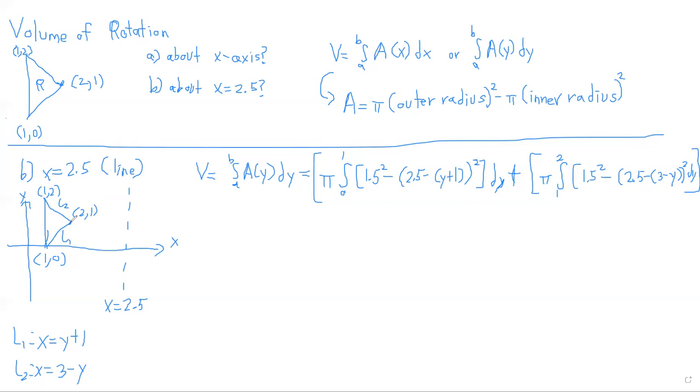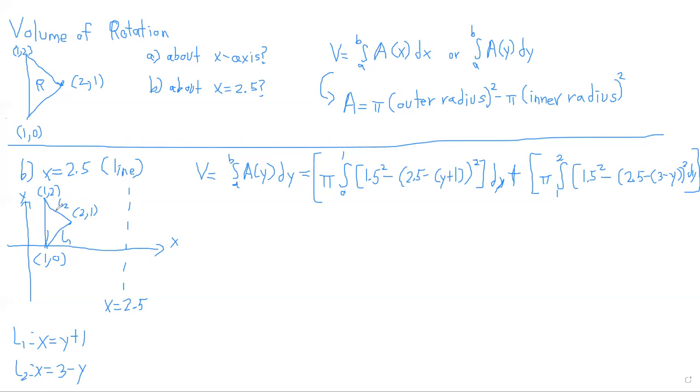So then, if y was equal to 2, then let me think. 2 minus 0.5 is 1.5, and that makes sense because x equals 1 here and x is 2.5 here. So that radius is 1.5.